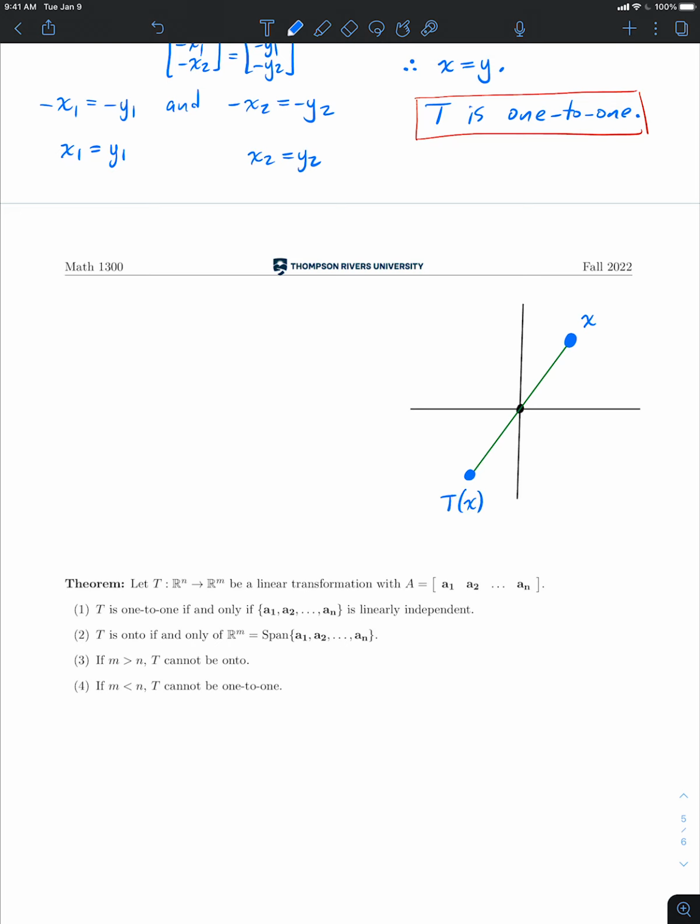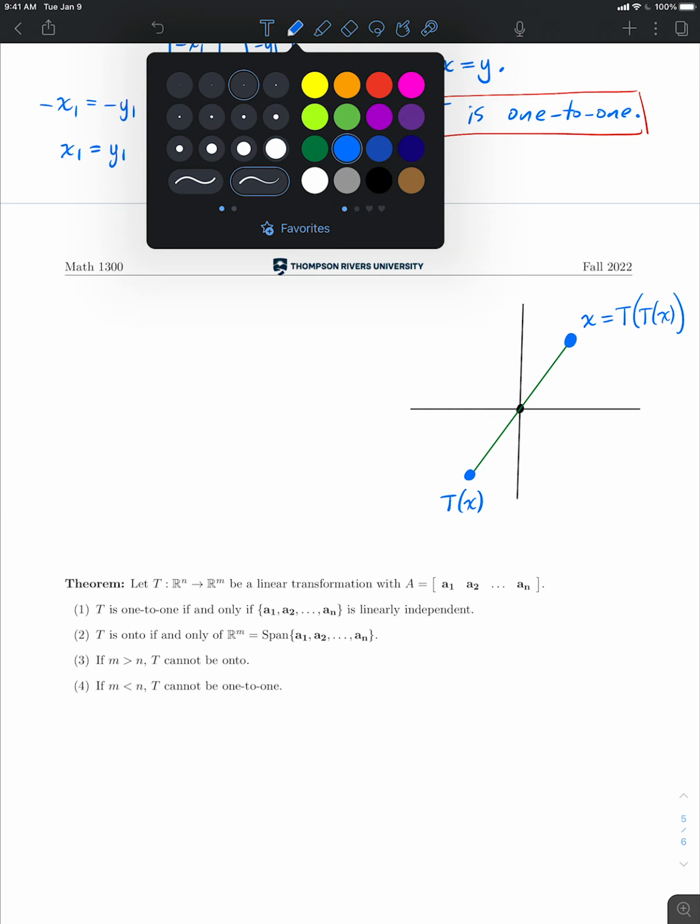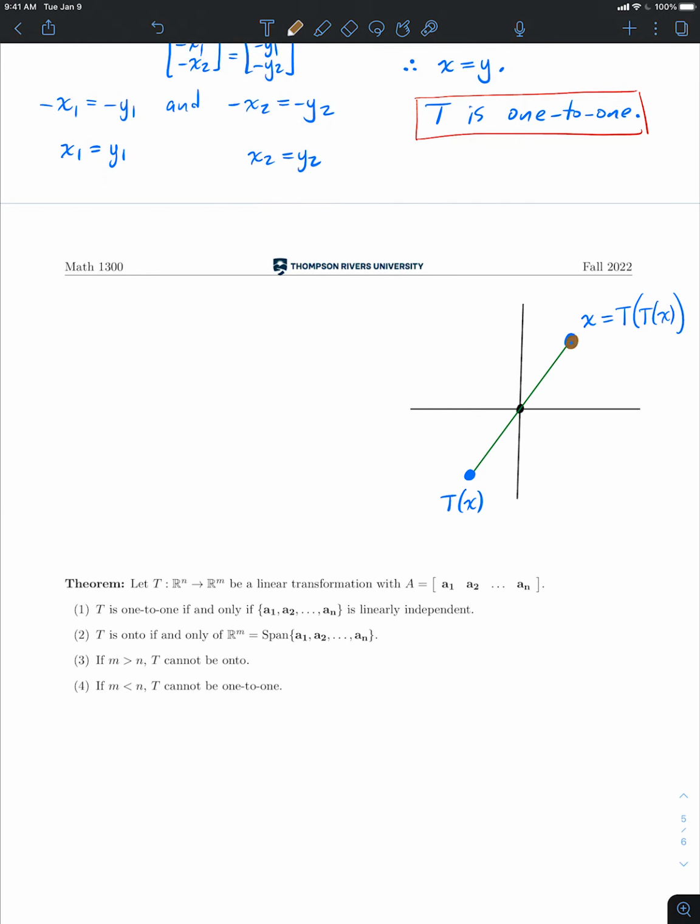Just one more time to make sure we got the idea: if we have our vector x and apply T to it, that reflects it across the origin and sends it down here. If we apply T again to this vector, T of x, it sends you right back up to x. So that's why I can say that x is equal to T of T of x.